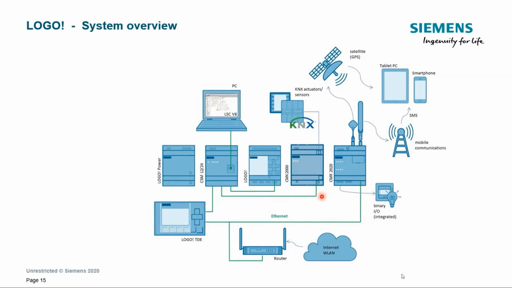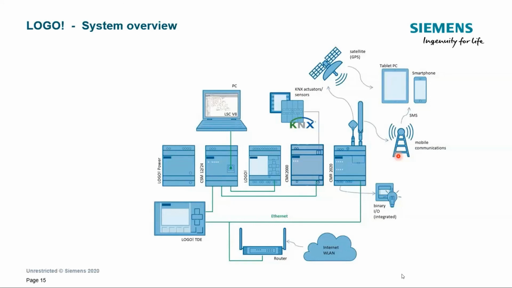You can see that in addition to the LOGO module, we can have a switch module, a power supply, a text display, and maybe this is the KNX communication module connecting to KNX actuators and sensors, and maybe we have the CMR communication module, which allows remote control and monitoring with smartphones or tablet PCs, for example. So this is an overview of the overall components.